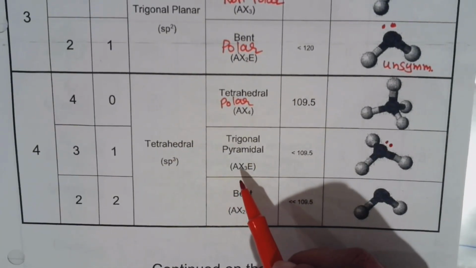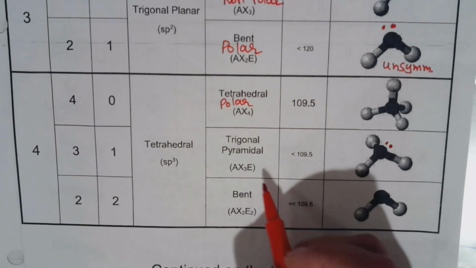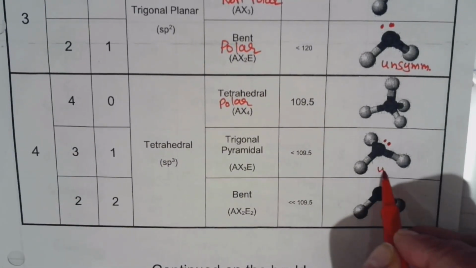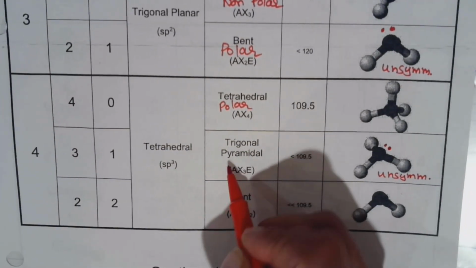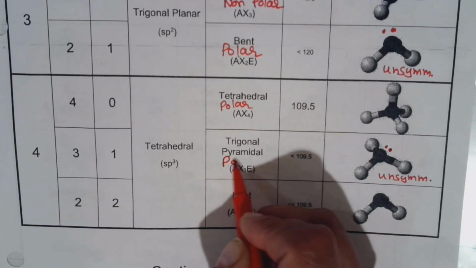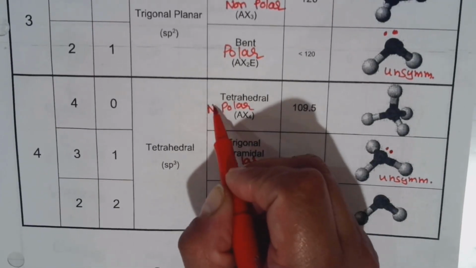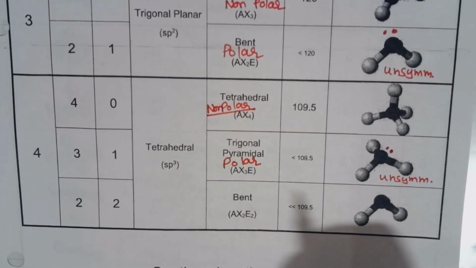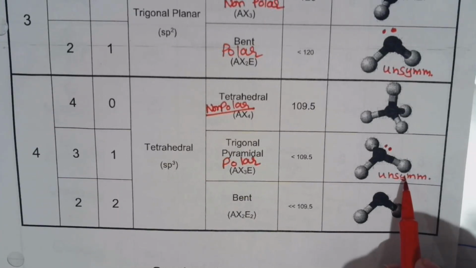So the AXE formula is AX3E, and then the shape is unsymmetrical. So this is an unsymmetrical molecule because there is a lone pair on the central atom, and hence the trigonal pyramidal shape is polar. So tetrahedral is non-polar. I'm sorry, this is non-polar, right? And this shape is polar because the other one is symmetrical.